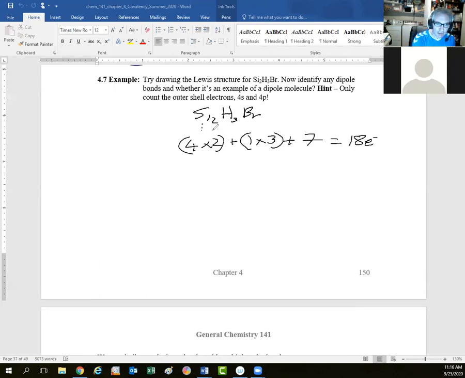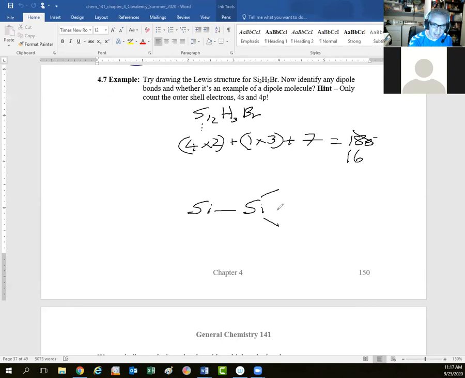And as we saw, silicon needs the most electrons, so it should form the most chemical bonds. So we can put it jointly at the center of the molecule with the other silicon atom, just as we did with hydrazine and the peroxide when we looked at them the other day. So we're down to 16 electrons.